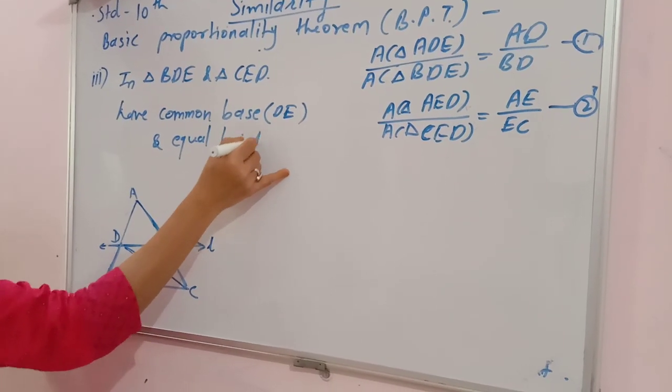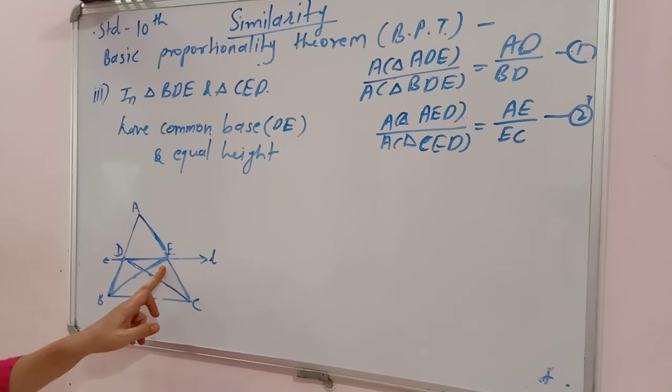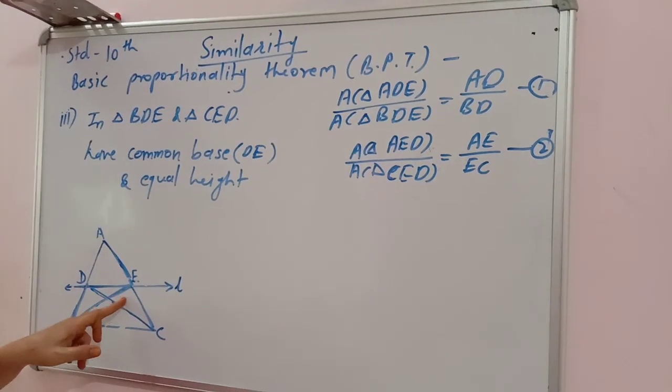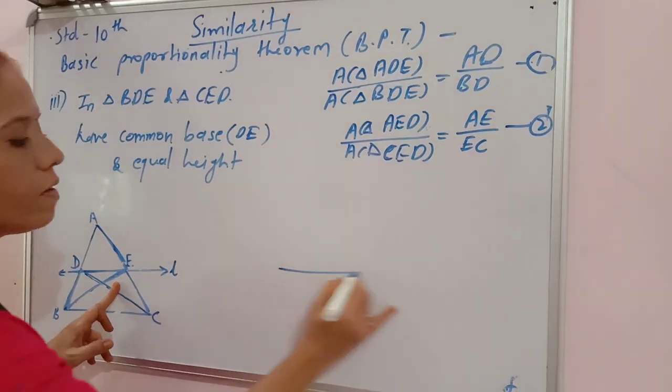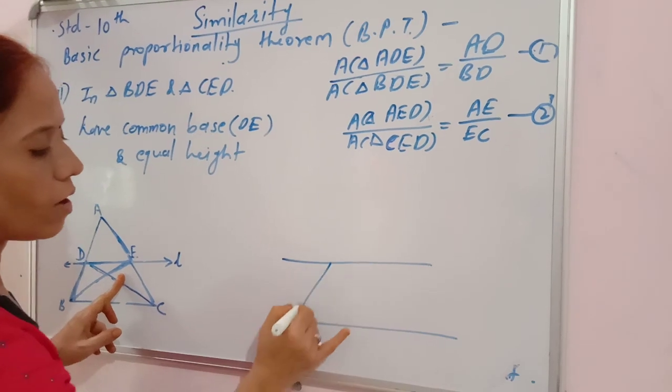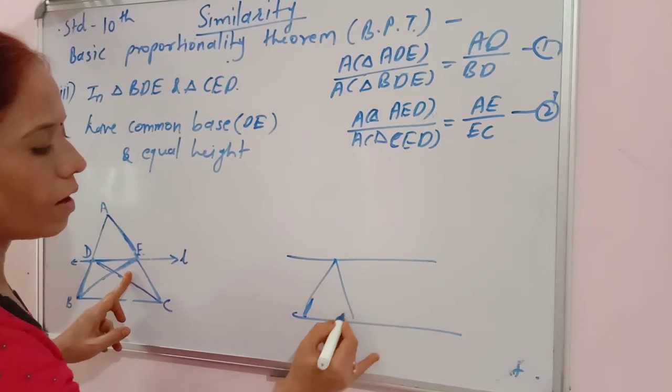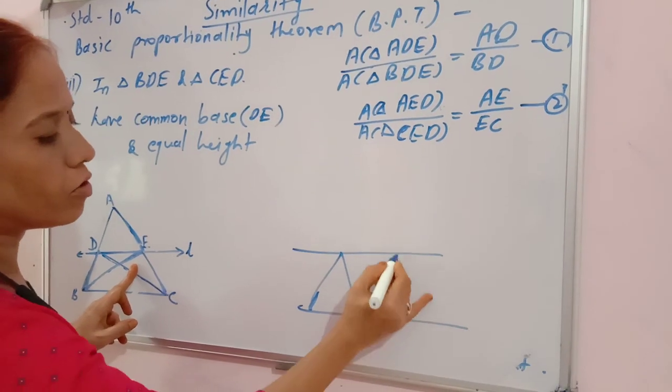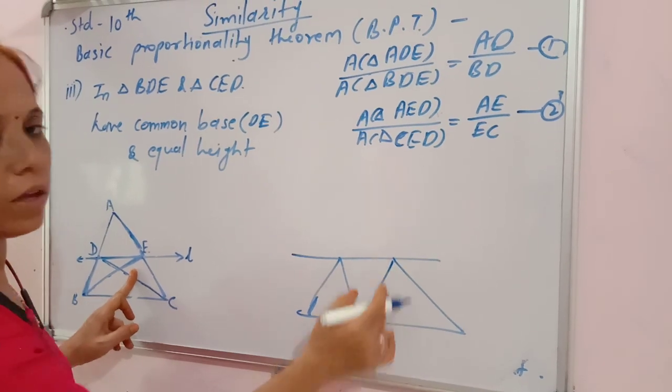Yesterday I drew such a figure: if these two triangles are enclosed between two parallel lines, then they have the same height.